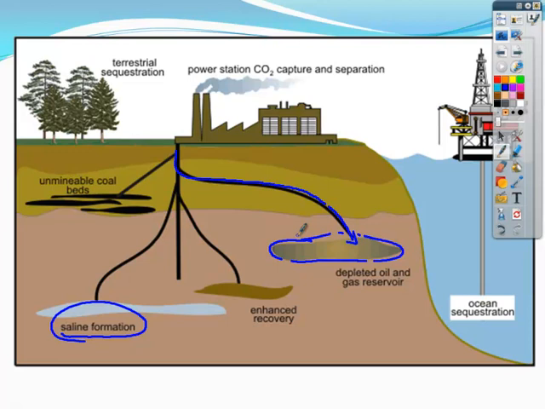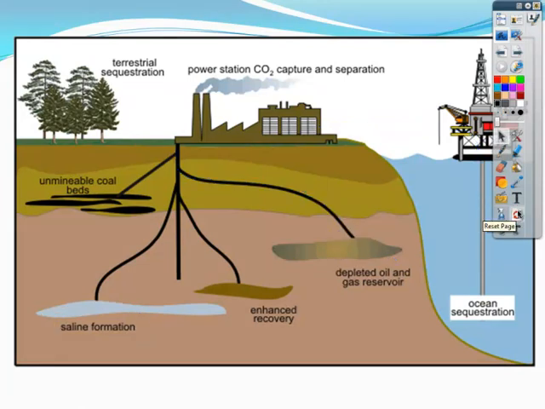Or a very popular one is to take it out into the ocean and inject it deep into the ocean, where our hope is that it will never get back up to the surface again. So this doesn't solve the problem of coal creating carbon dioxide and contributing to global warming. It's a way of mitigating the problem, making it less severe by hiding it somewhere on the earth. Okay, again, a process that they use to keep coal and reduce the environmental impacts of coal.